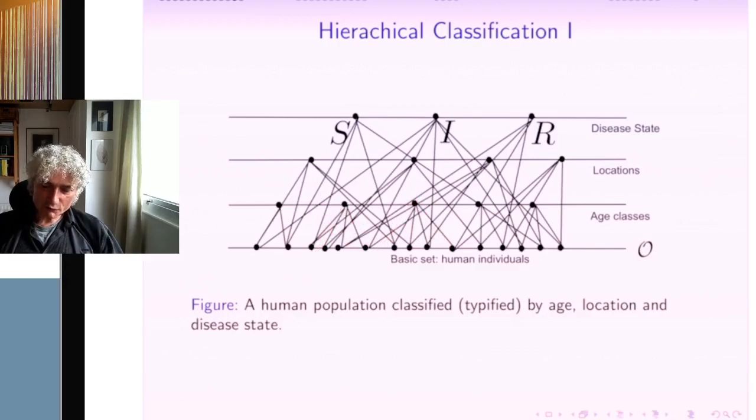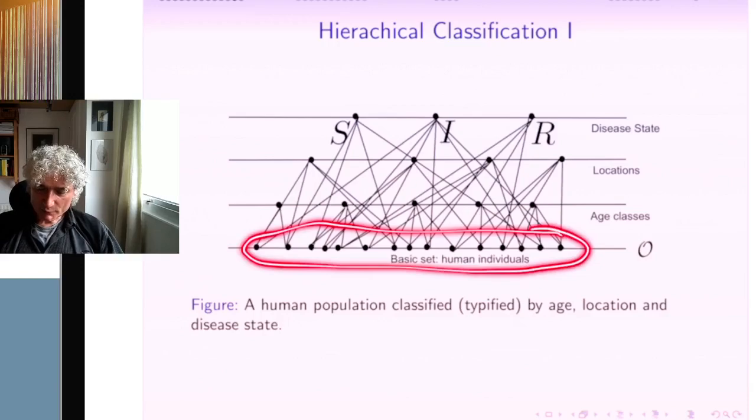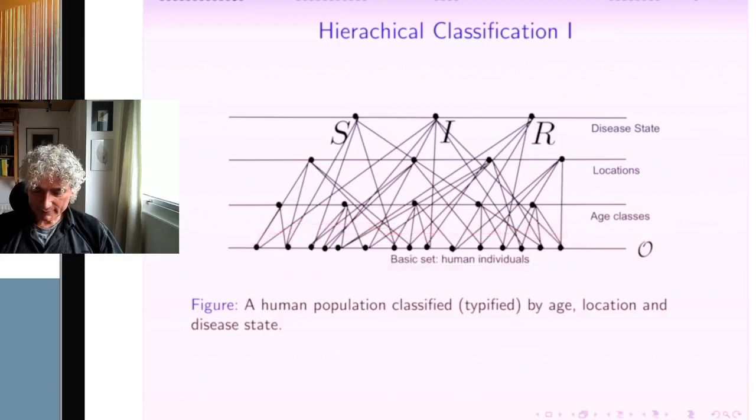And then you could also classify at the same time all the human individuals by having their main locations at different places. So for example, these are the ones that are working at schools or educated at schools, and then these are all people that are shopping in a supermarket or working in a supermarket, things like that.